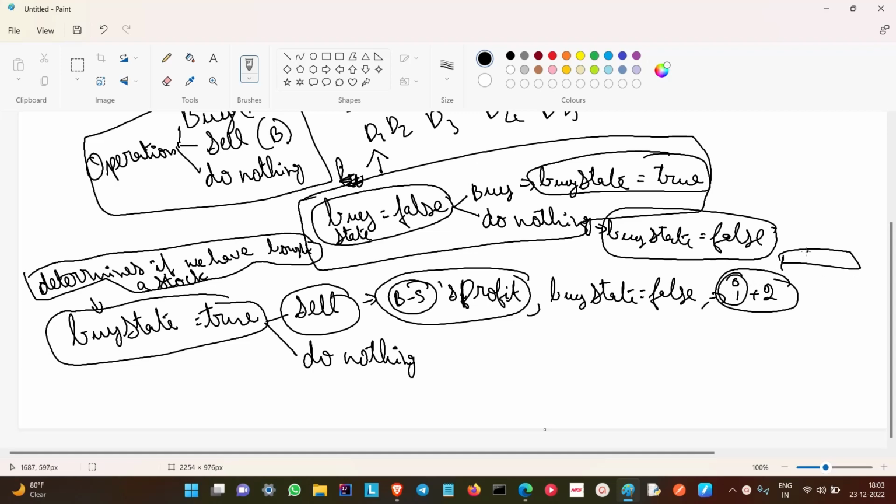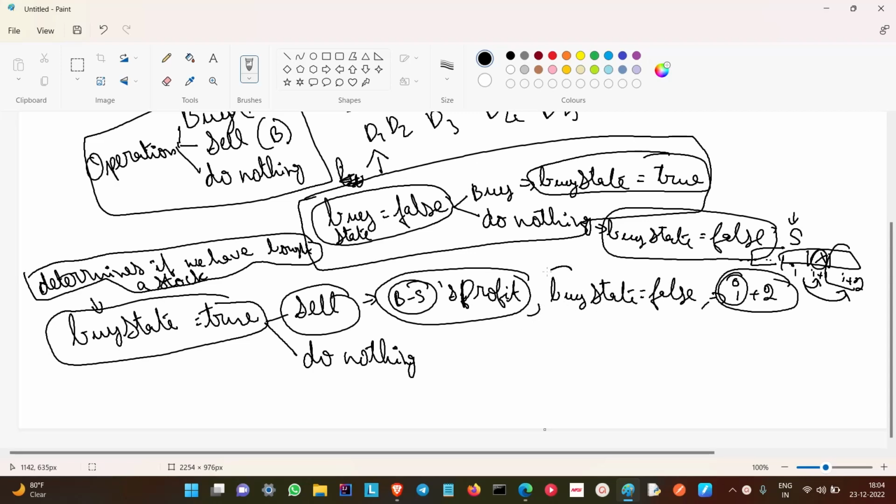Let's say we have any number of days before, and we are selling on the ith day. We cannot move directly to the next day. This is i plus 1 and this is i plus 2, so we can only move to the i plus 2 day. We are skipping one day, which is the cooldown after the sell.